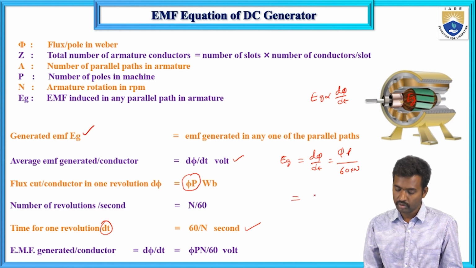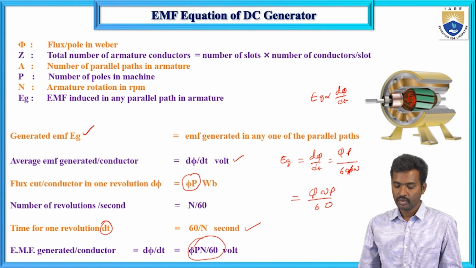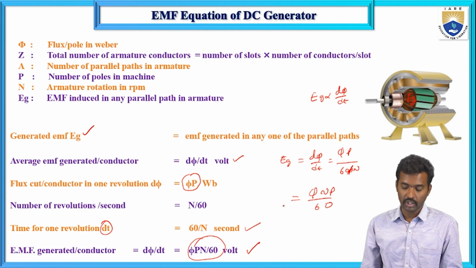If you simplify this, it is φ N P by 60, in volts.